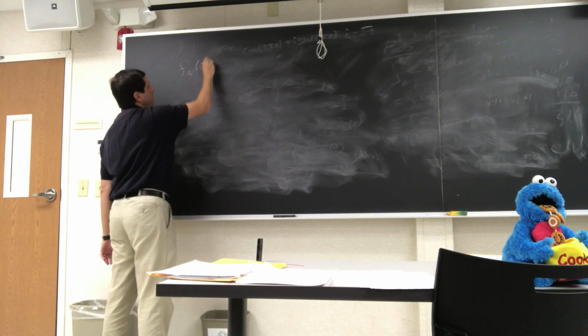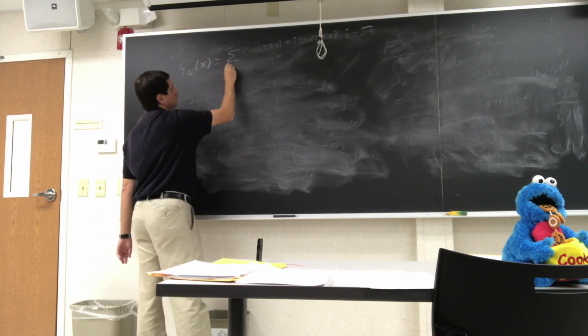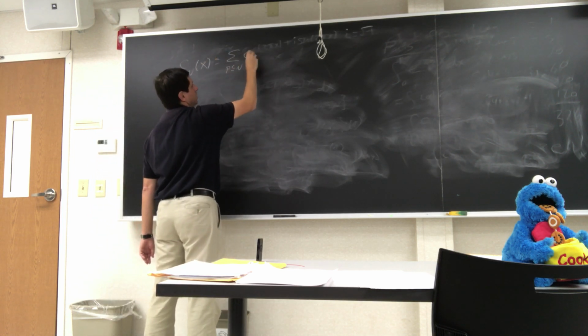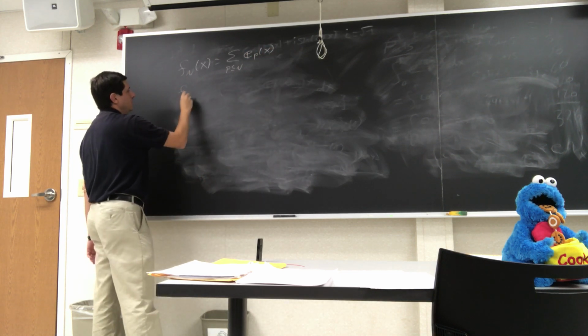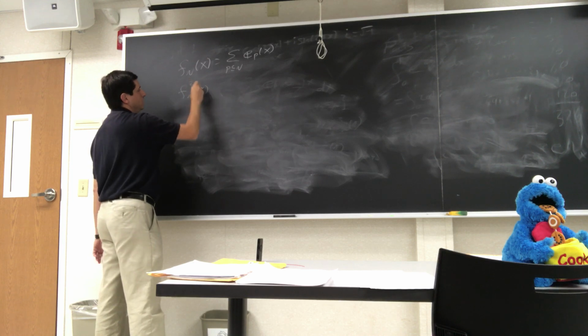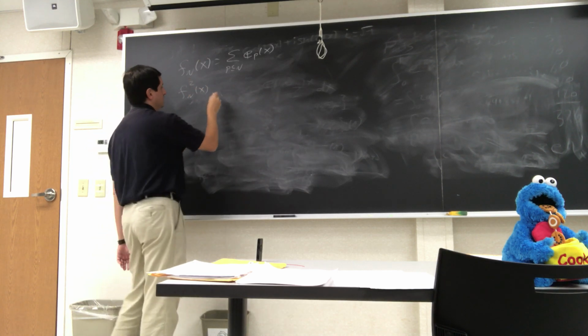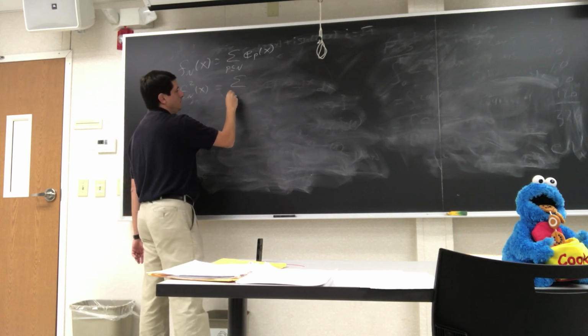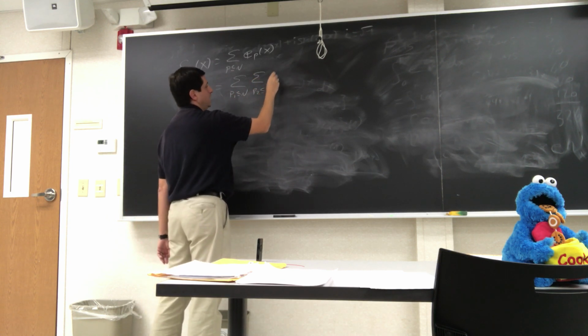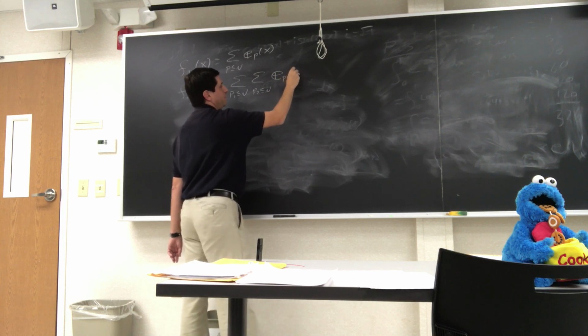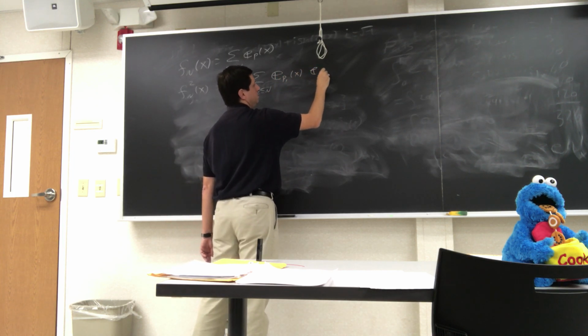So let's recall f_n(x) is the sum over primes up to n. Let's look at f_n(x) squared. So this would be the sum over p1 less than or equal to n, sum over p2 less than or equal to n, e_{p1}(x) e_{p2}(x).